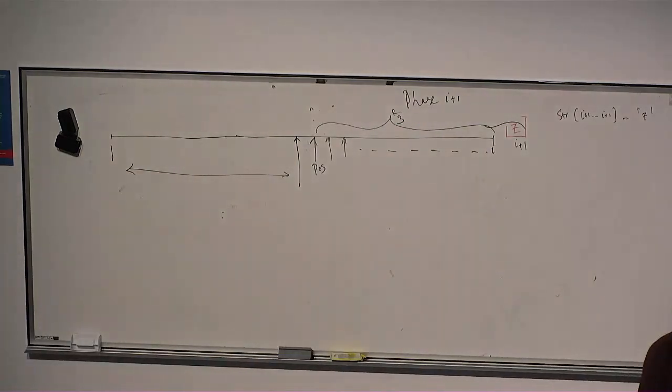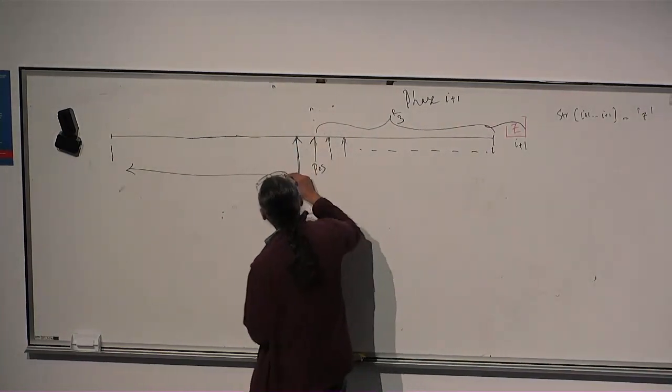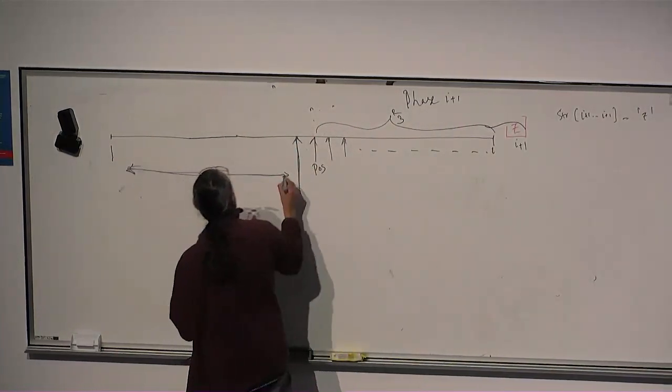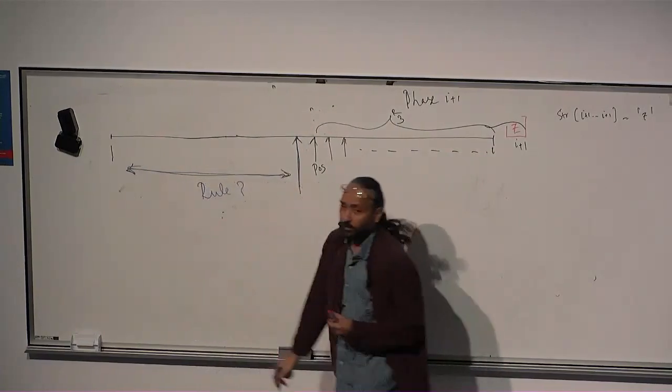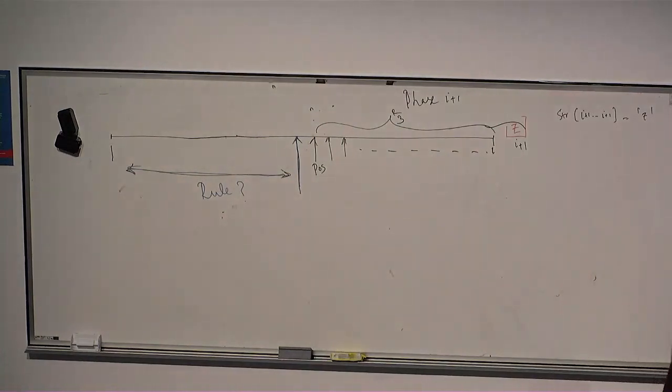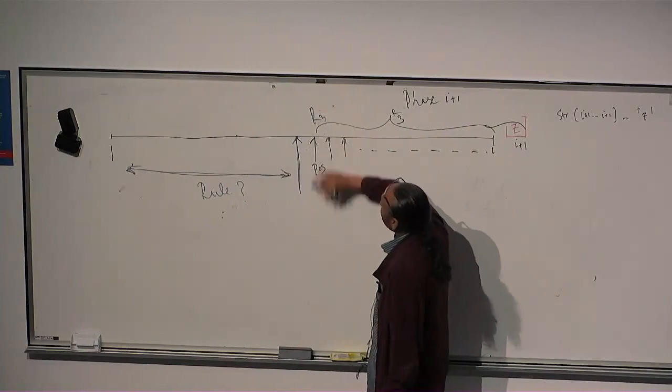Maybe I'll change the color. What rule applied? The first time I saw rule 3, I stopped. What would be the rules before? There are only 3 rules. It would have to be rule 1 or rule 2, isn't it? Because the first time I saw rule 3, I stopped.